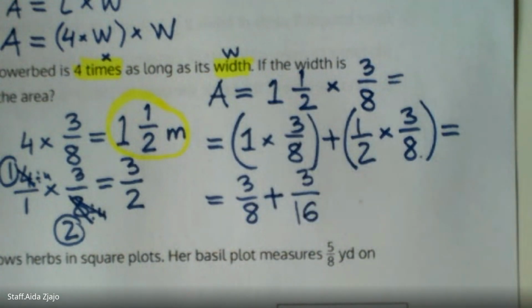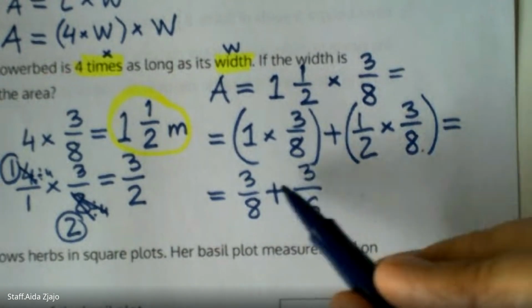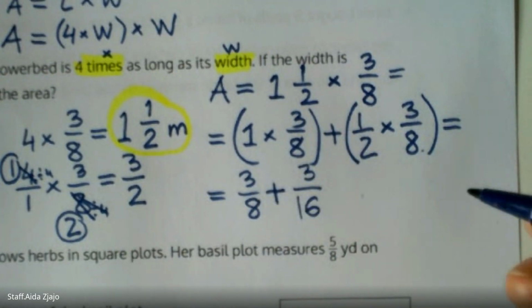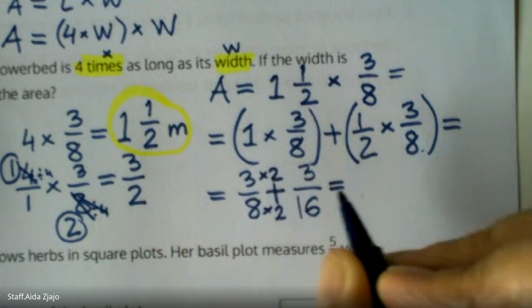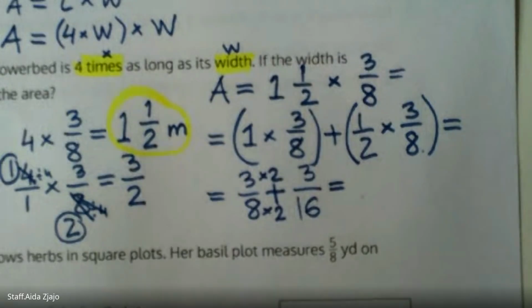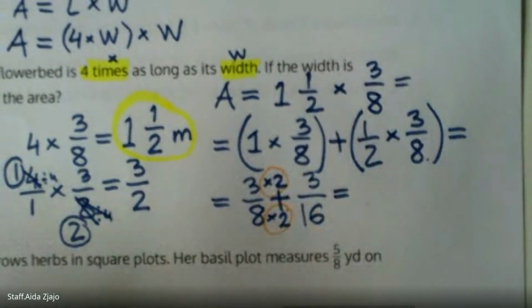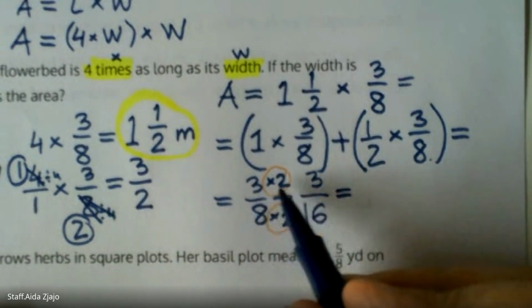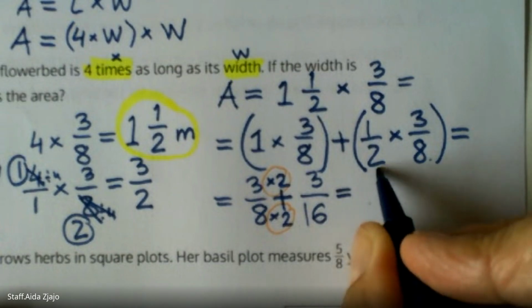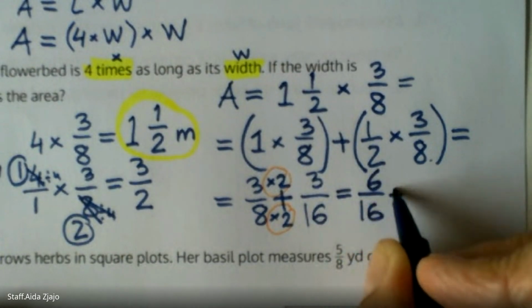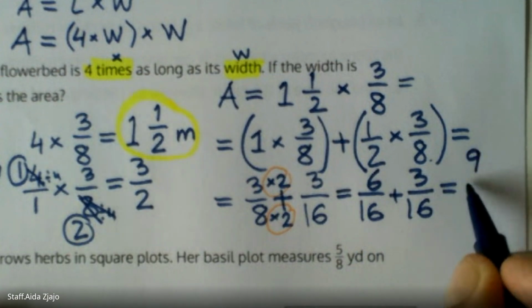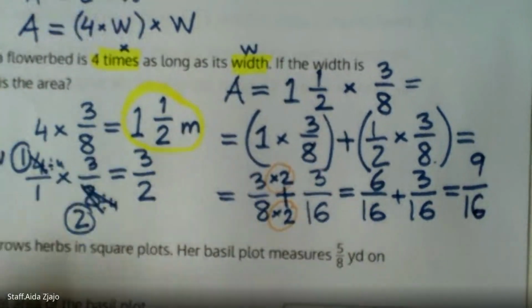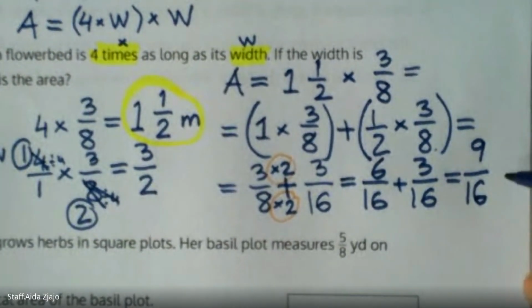So I have 3/8 and 3/16 to add. I have to change the 8ths into 16ths by multiplying by 2. So I'm going to get 6/16 plus 3/16, and that is 9/16 square meters.